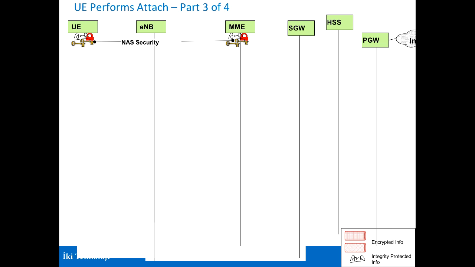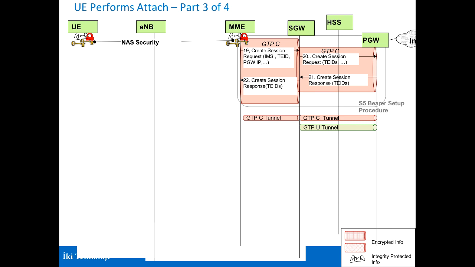And now we come to the next part of the flow, and that's kind of setting up the S5 and the GTPC tunnels that need to be set up. So the MME goes ahead and is setting up the GTPC tunnels, which are going to be one between the MME and the serving gateway, and also the GTPC tunnel gets set up between the serving gateway and the P gateway. And also you have the user plane tunnel that needs to be set up, and this is the EPS bearer, as we said, and this is the EPS bearer ID 5.